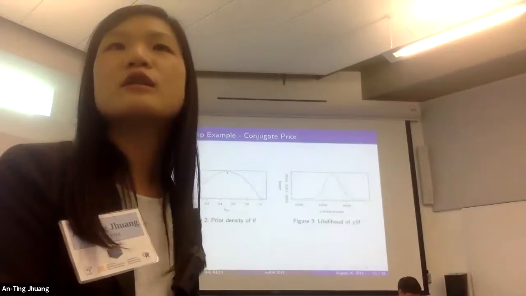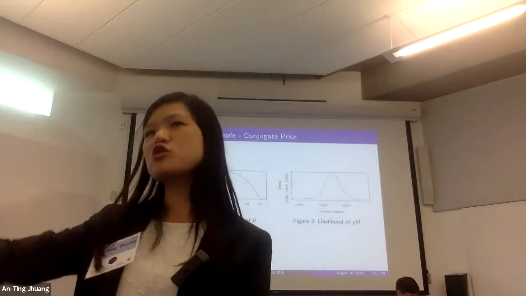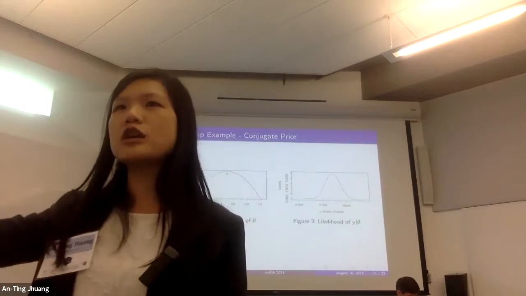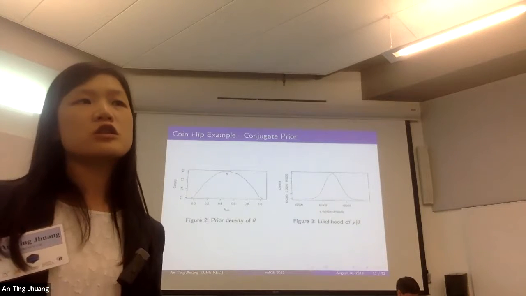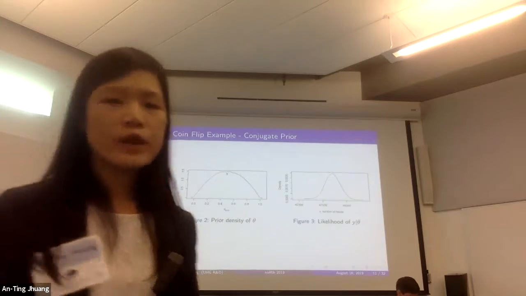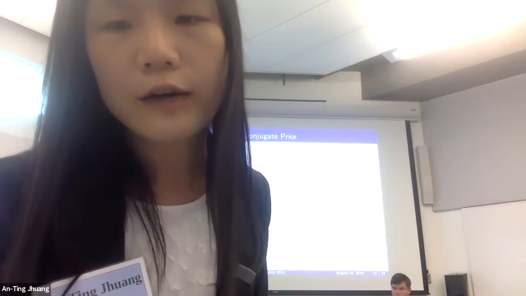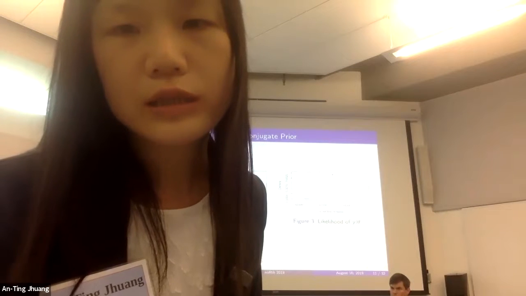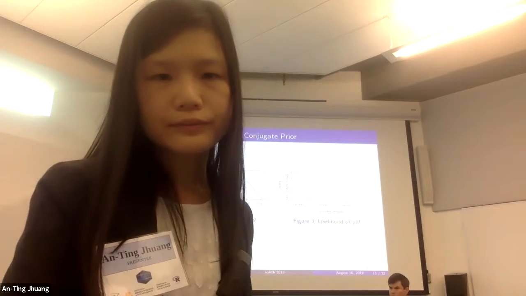So you can see the highest point is around 0.5 here. But in the beta distribution, you can also have some other shape like a U shape. How you propose a prior reflects your belief. Here I believe it's a fair coin, so I just put alpha and beta as 2. And the likelihood of y here, you can see it centered here.